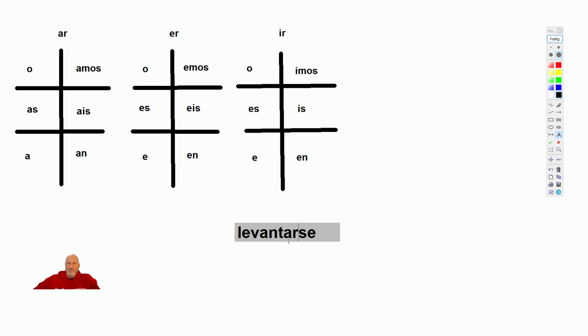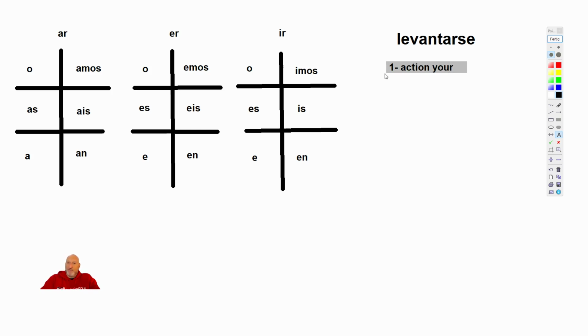Let me explain that. When you use a reflexive verb, any reflexive verb, like levantarse, that's to get up, it can mean one of these four things. It can mean that an action is done to yourself.